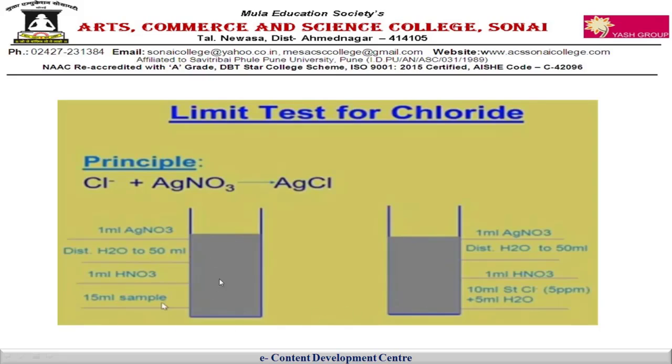This is the sample solution and this is the standard solution. Now in the sample solution 1 ml of nitric acid, then again 1 ml of nitric acid. Dilute to 50 ml with distilled water and add 1 ml of silver nitrate in both solutions. When they add all of these things, we observe the turbidity.